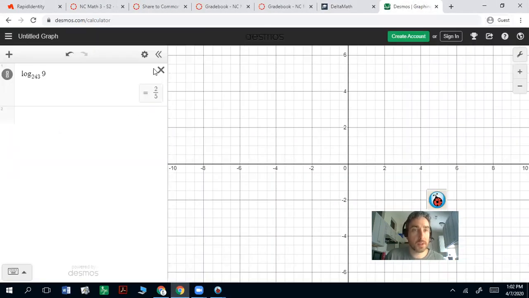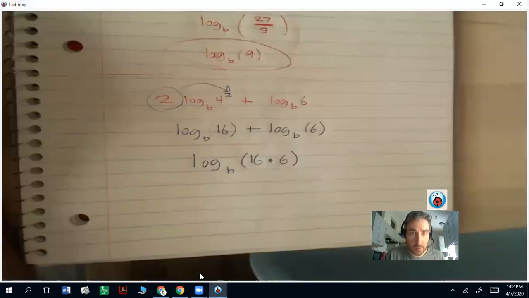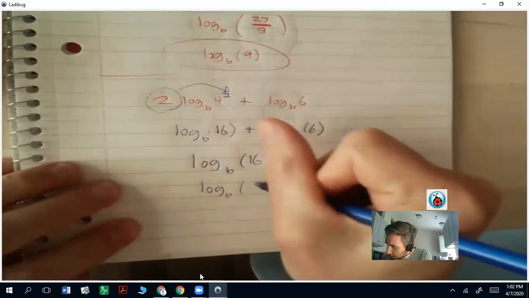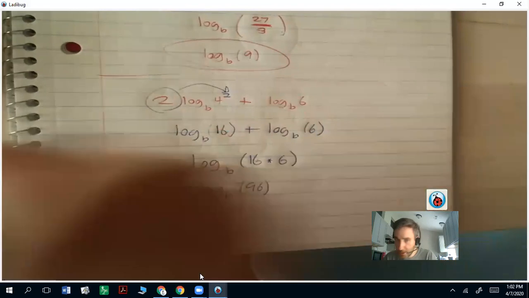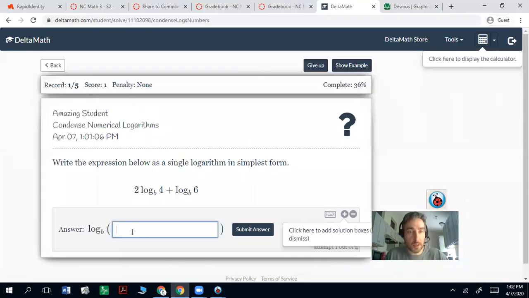So 16 times 6, I believe, is 96. So we'll write that as log base b of 96. And it looks like these are already set for you to just type in the number in the parentheses. So 96 it is.